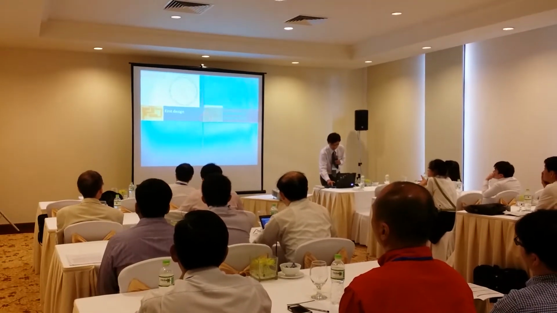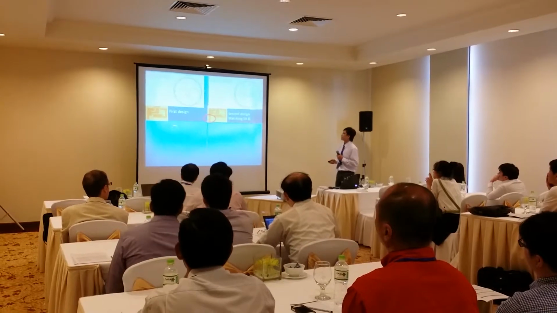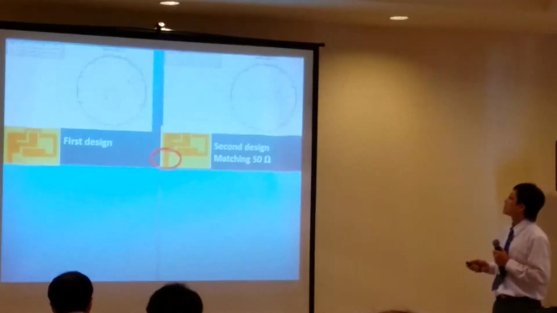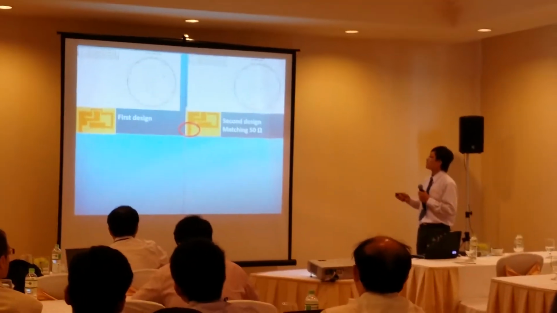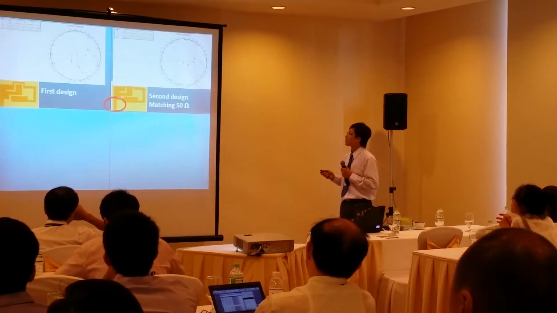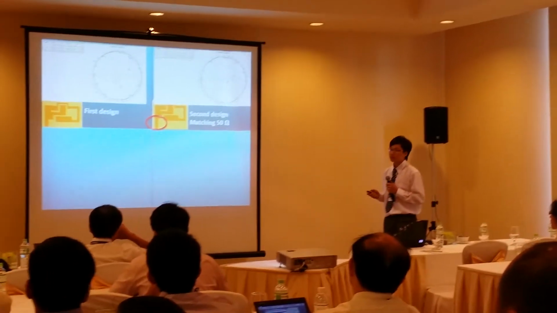So with the second design, we make the patch longer, and you can see in this figure that 1800 MHz is matched to the 50 ohm, and this frequency is nearly matched too.